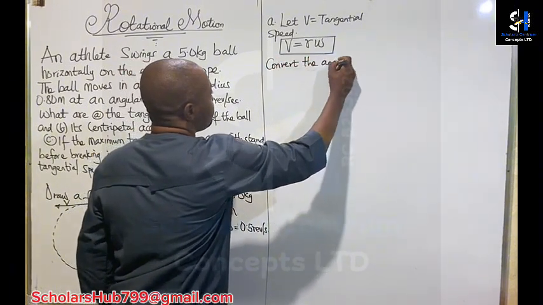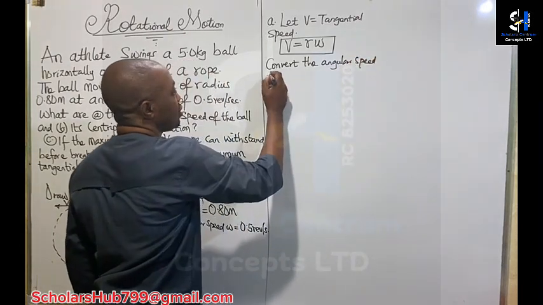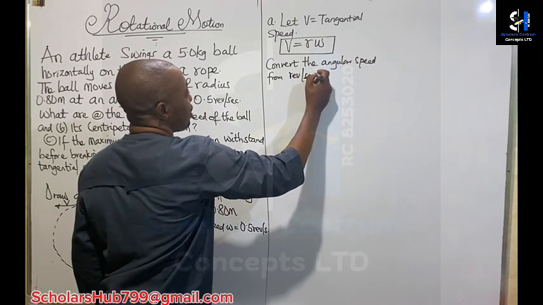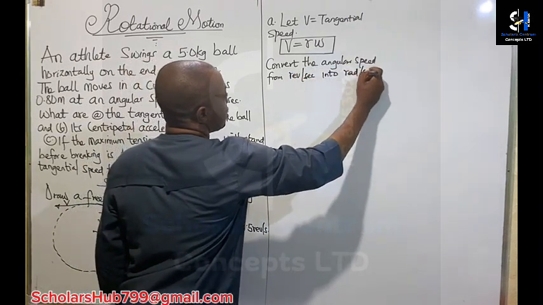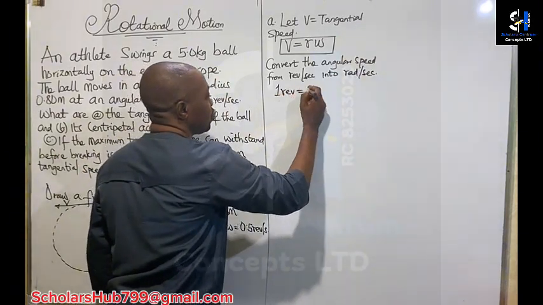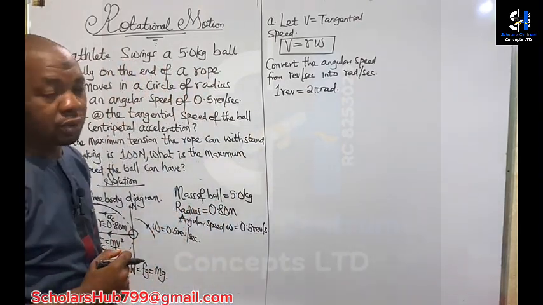So note, we need to convert the angular speed from revolutions per second into radians per second. Now we know that one revolution is 2 pi radians.